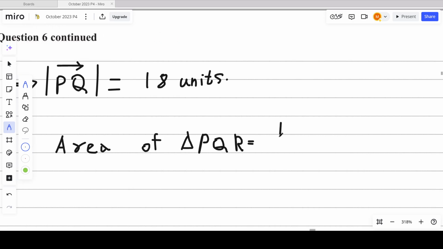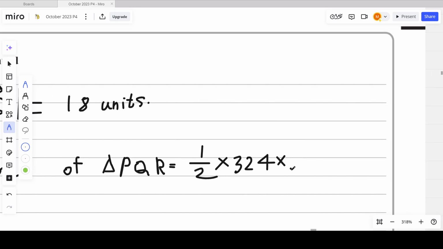So half of 18 squared. Half of 18 squared, it is 324, times sin theta. So sin theta is what? Square root of 1 minus cos square theta, using the trigonometric identity. Cos square theta is 4/9.